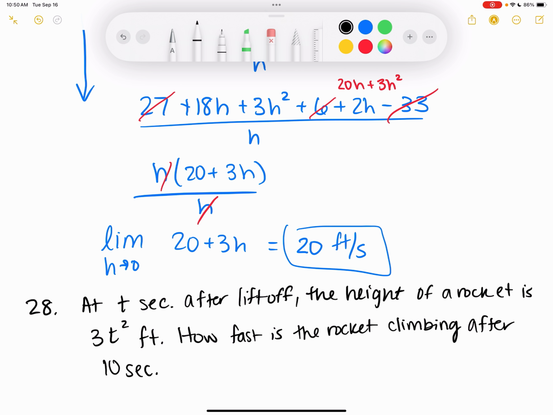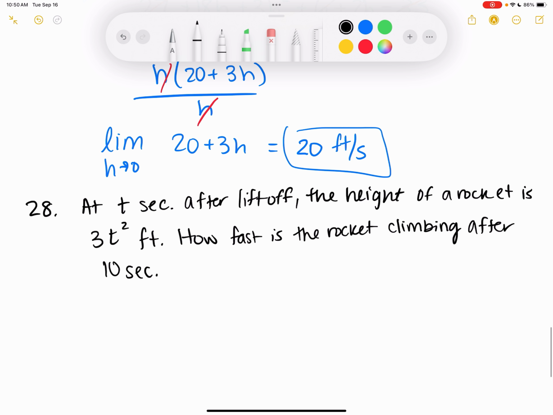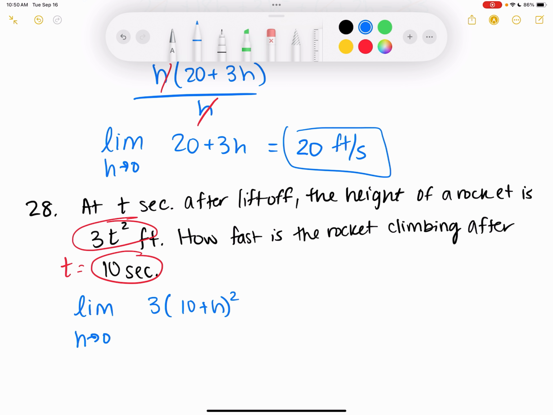So basically, my function is this that I'm using, and then this value is x, or t equals, whatever. I guess I should probably say t for the sake of the formula. So I can find speed this way, how fast it's going, with my limit. So I've got the limit as h approaches 0 of 3 times 10 plus h squared minus 3 times 10 squared, all over h.